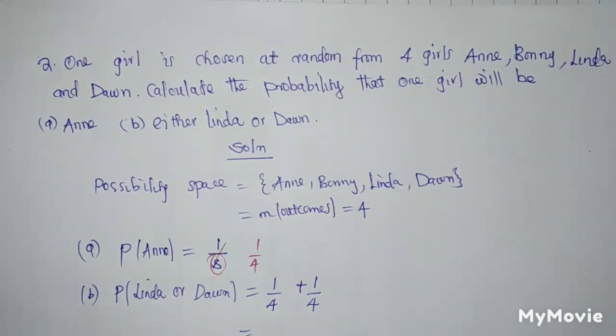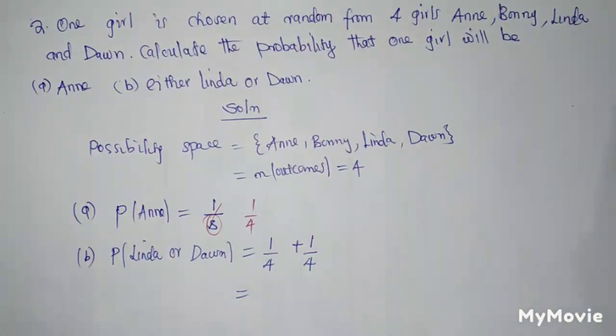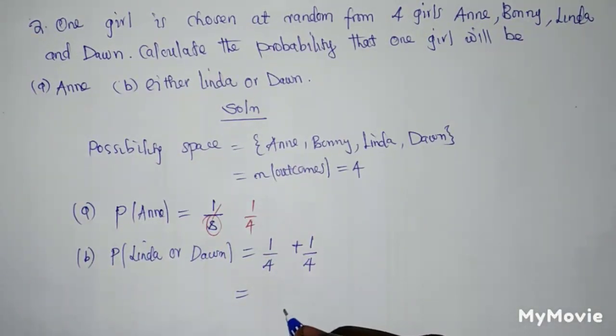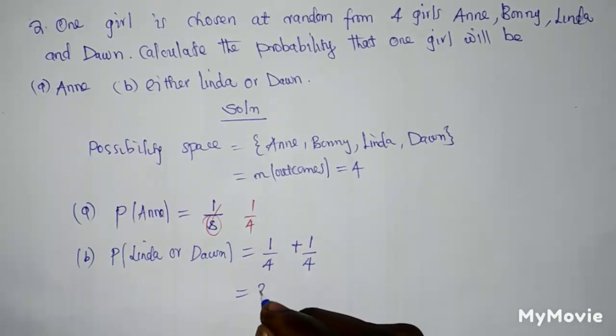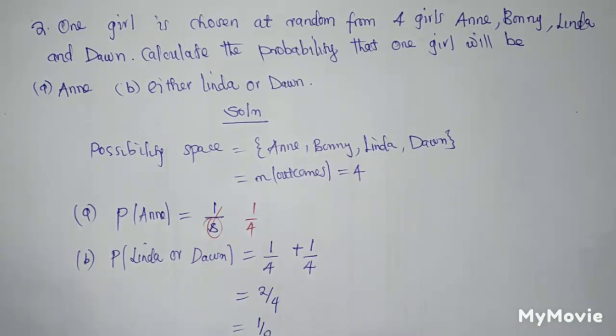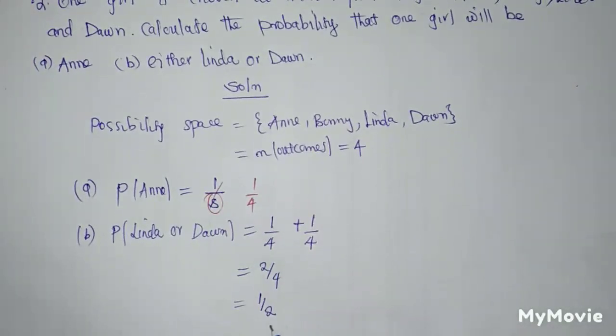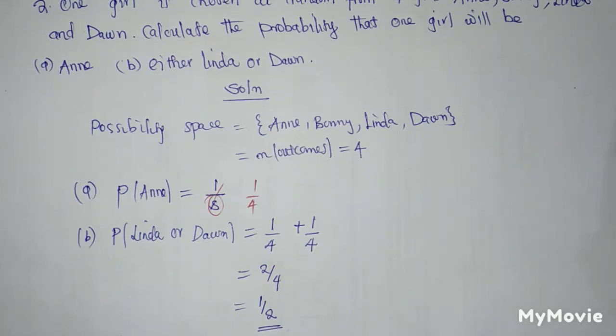They have equally the same chances of being picked. So if we add these probabilities, we have 2 over 4, which is half. Okay, so we are done with our second question on probability.